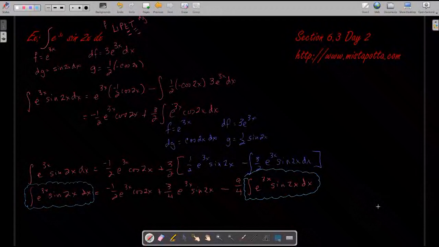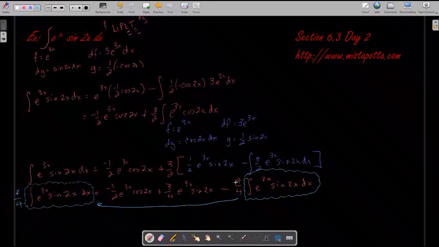So what I have to do is move this over to the other side. I need to combine these like terms. Really, I have 4/4 of these.